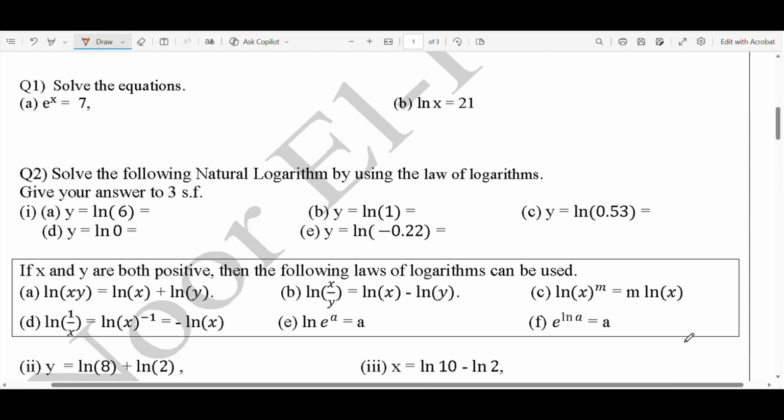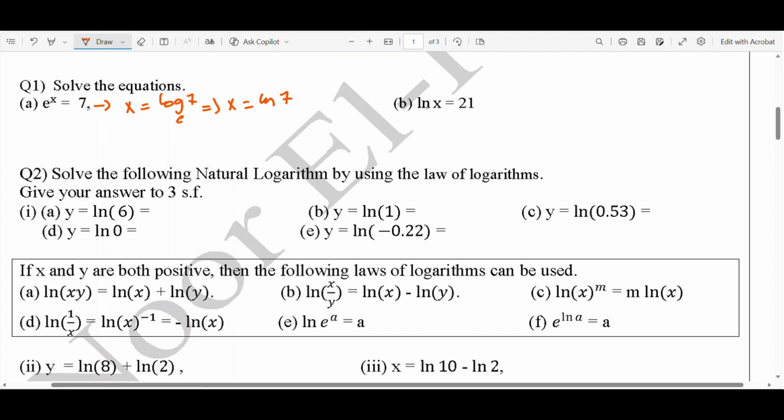How are we going to solve natural exponential equations and natural logarithmic equations? As you see, e to the power x equals 7. Let's convert it to the logarithmic form. It will be x equals log 7 to the base e, so x equals ln 7.